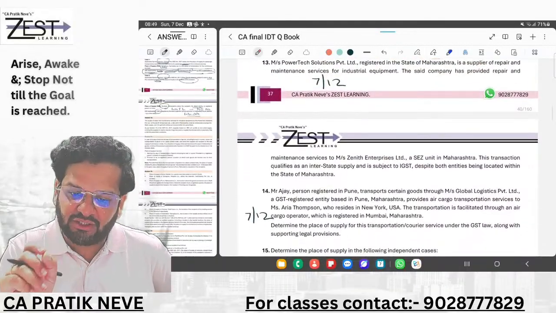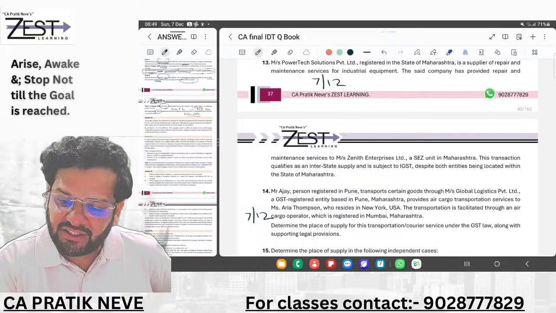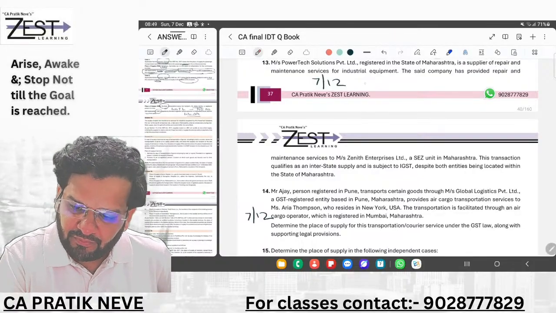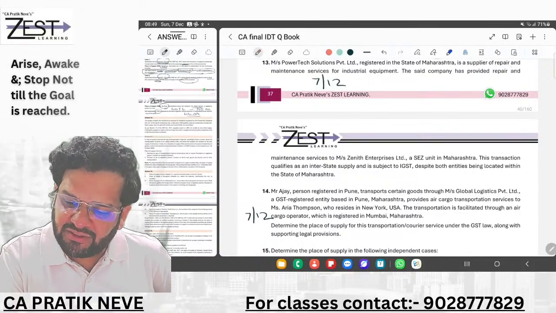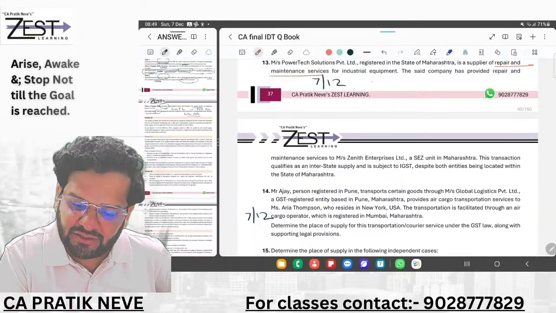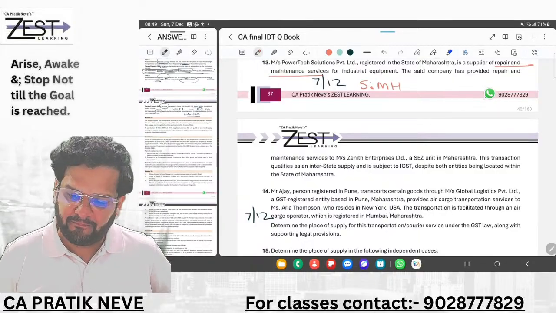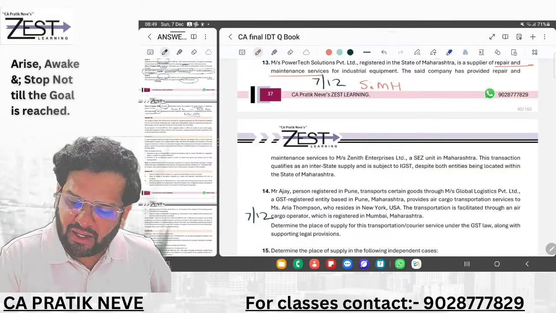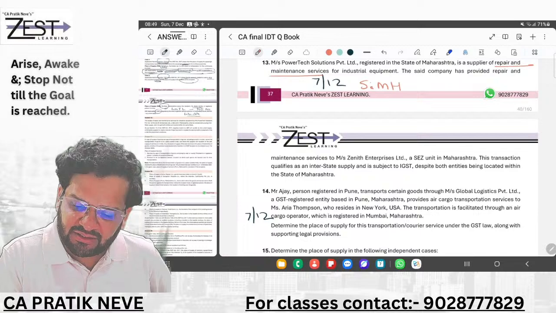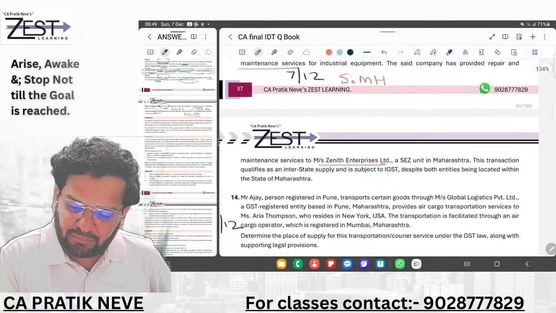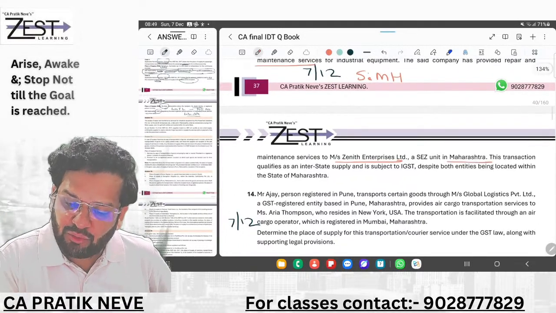PowerTech Solutions Private Limited, registered in Maharashtra, is a supplier of repair and maintenance service. So friends, the supplier is in Maharashtra. The said company has provided repair and maintenance services to Zenith Enterprises Limited, an SEZ unit in Maharashtra.